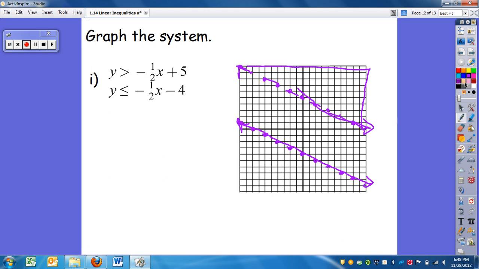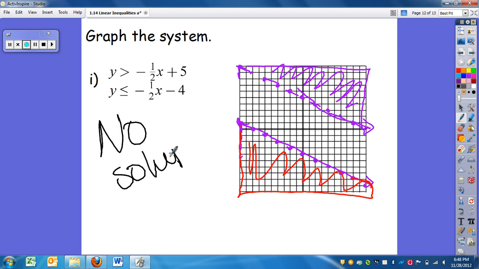And then this one, I'm going to do it in a different color, is less than. So what I have here is a shaded area here, and a shaded area here. The two shaded areas do not overlap, so I do not have any intersection, so that is no solution.